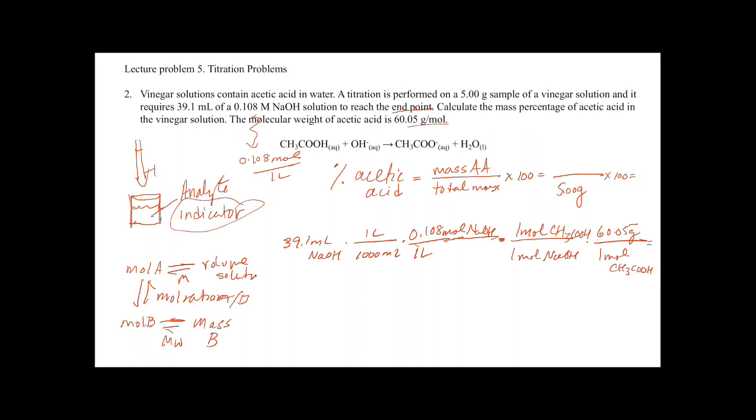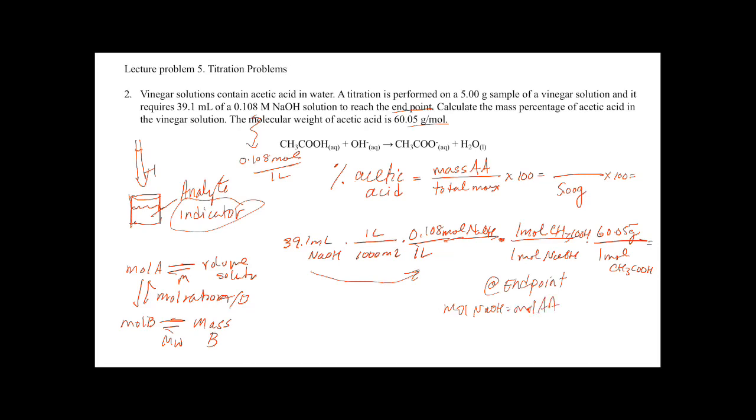So what we've done is we've come into this with the volume to get the number of moles. Now, since we're at the endpoint, this tells us that we've reached stoichiometric equivalence. So since we have a 1-to-1 ratio, our moles of the NaOH are going to equal our moles of the acetic acid.